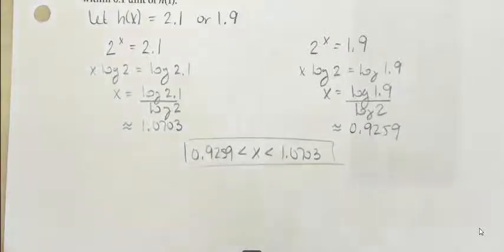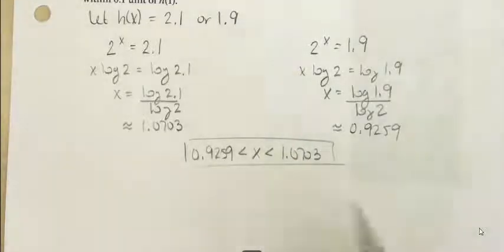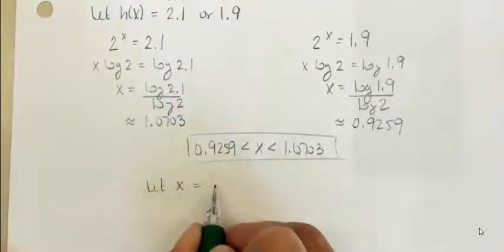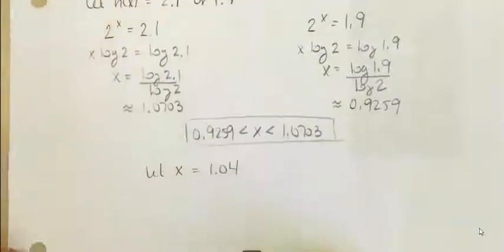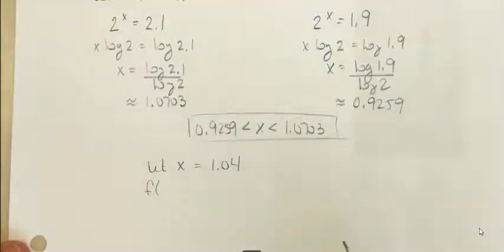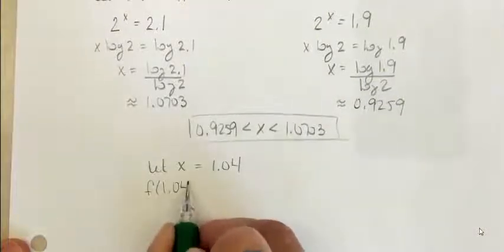So let's choose some x now for the second part of this. Let's choose some x that's in between these. How about I let x be 1.04? If I let x equal 1.04, let's just prove that we actually are within 0.1 units of 2.